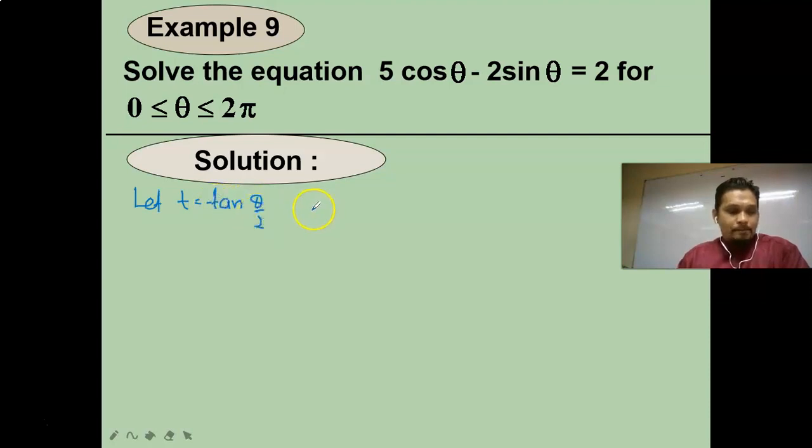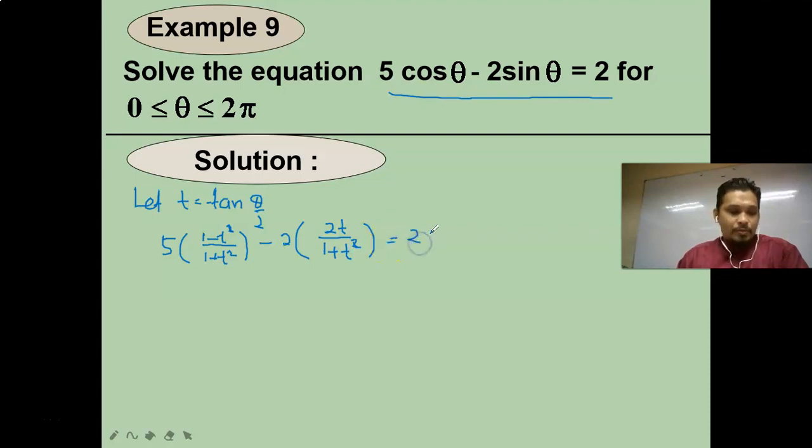From this equation we substitute with 5 times cos theta, which is 1 minus t squared over 1 plus t squared, from the triangle that we got in the previous page of the notes, minus 2 times sine, which is 2t divided by 1 plus t squared.